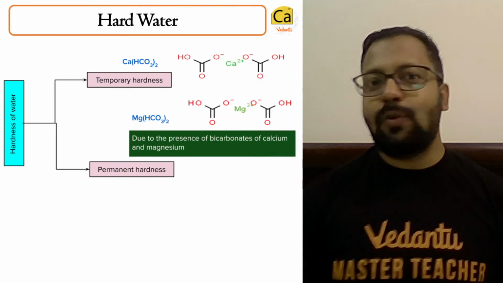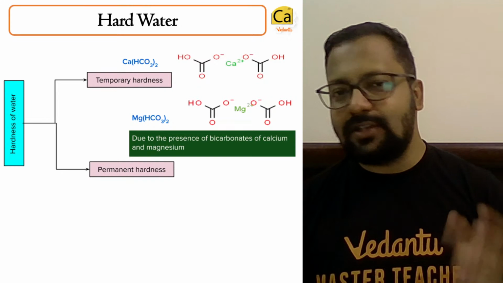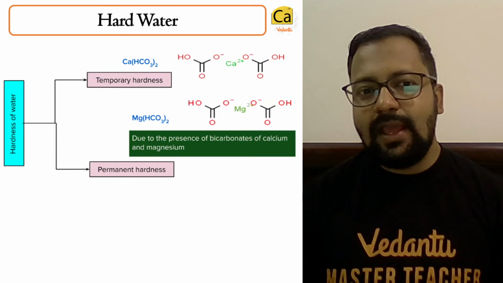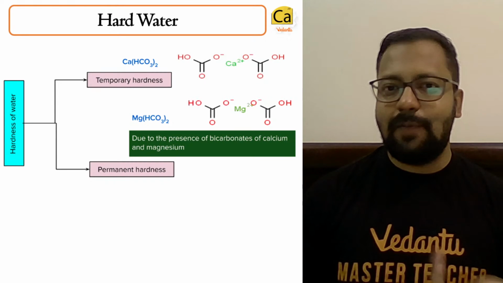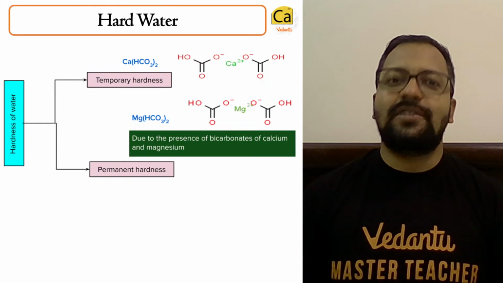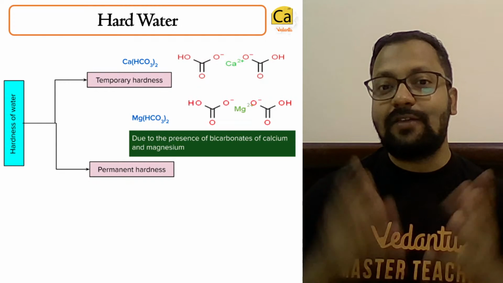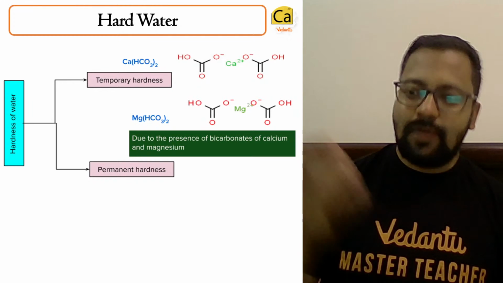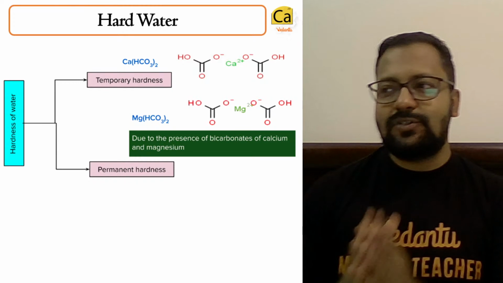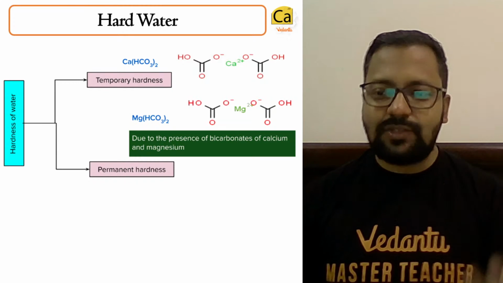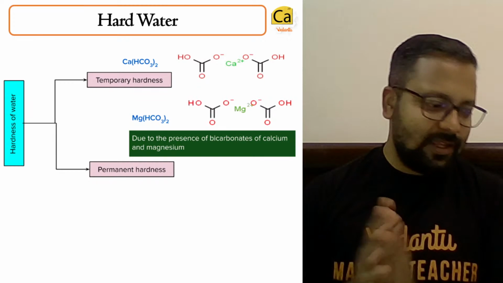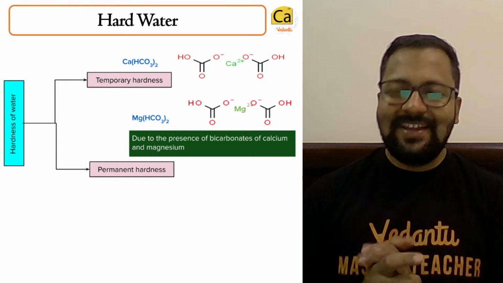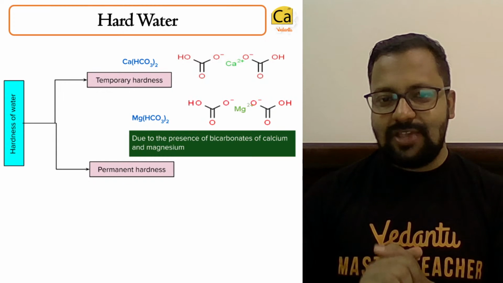Let's start with what is hard water. We have until now discussed the properties of water. Hard water is also known as khara pani. Hard water is something which does not give a good amount of lather with soap. Lather means it gives jhag, which is what we call foam in Hindi.